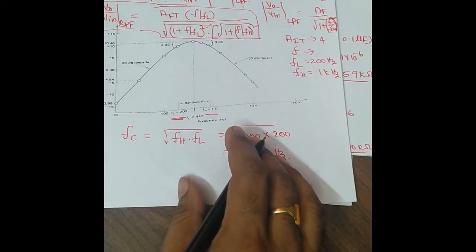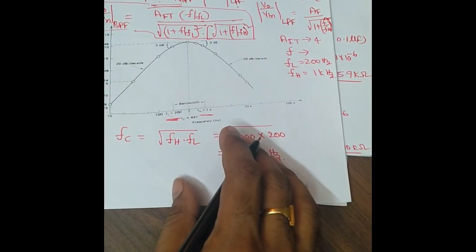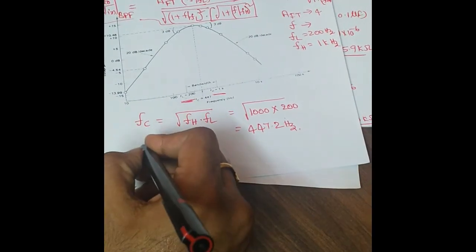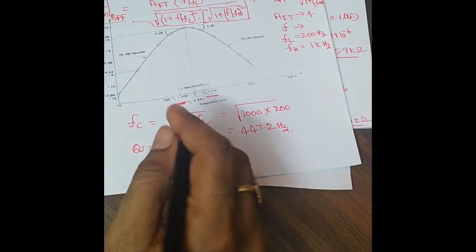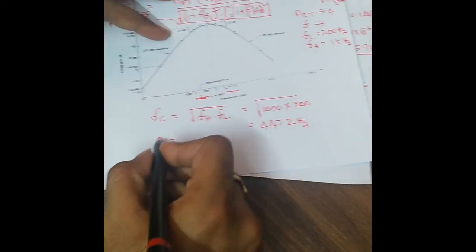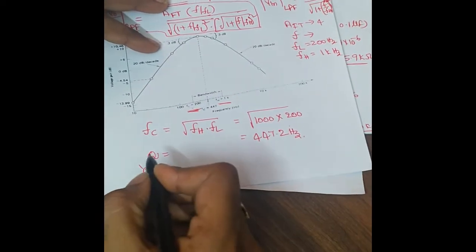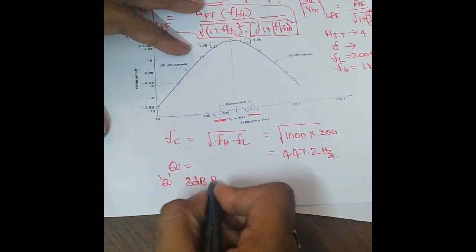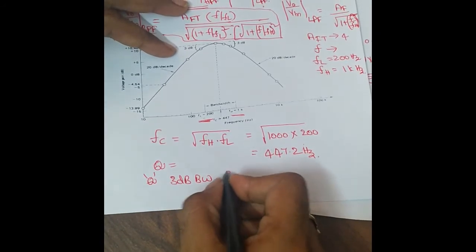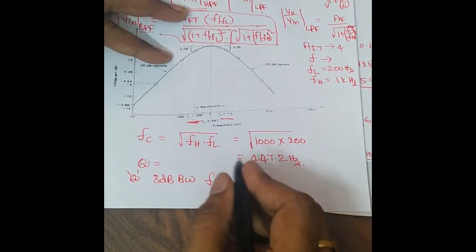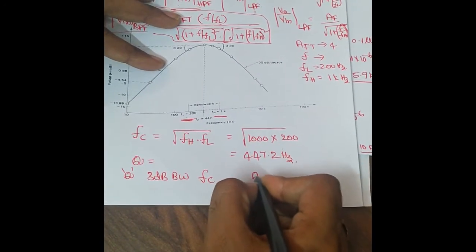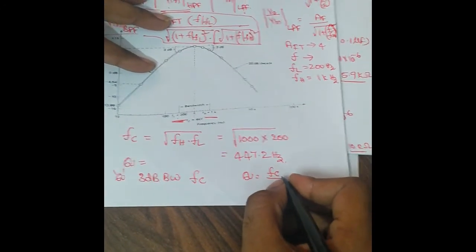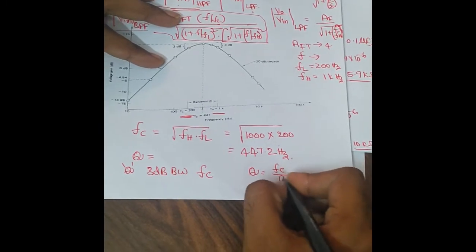Now I will calculate the value of the quality factor. There is a relation between the quality factor Q, the 3 dB bandwidth, and the center frequency Fc, as given by Q equal to Fc divided by bandwidth.